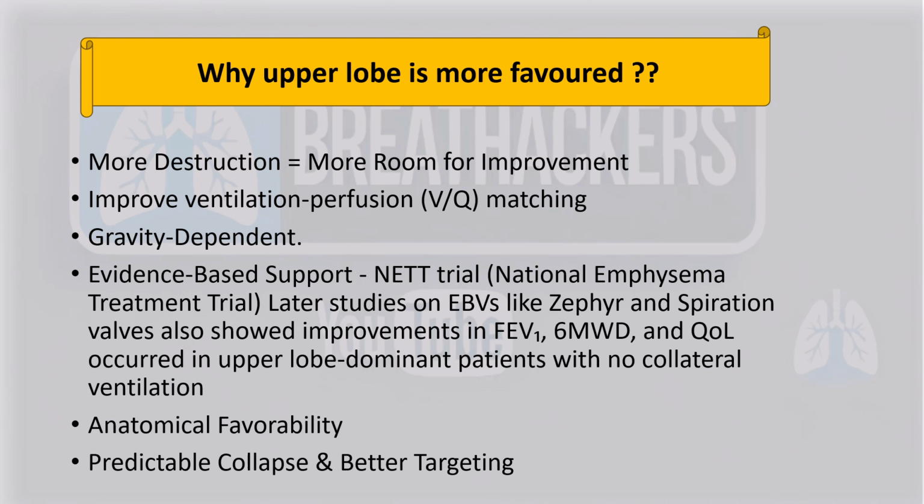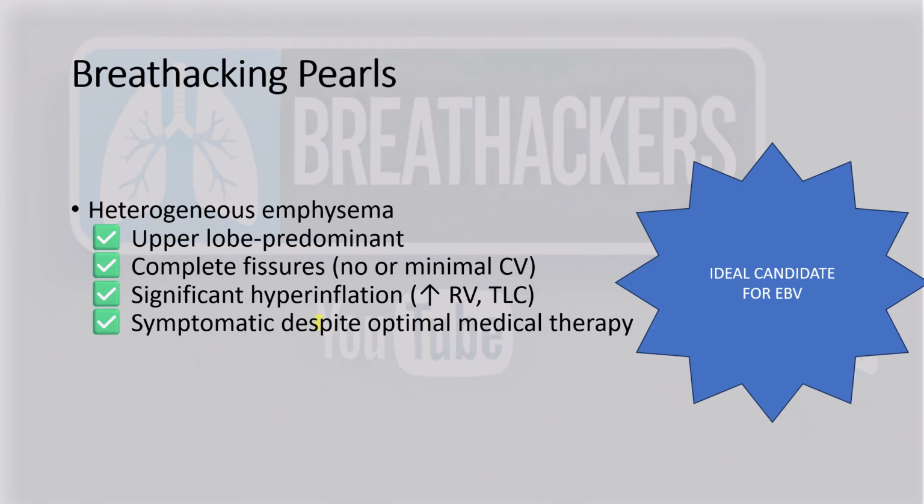And last is predictable collapse and better targeting. Upper lobes tend to collapse more cleanly when they are blocked with the valves. So the results of Chartis are more reliable and the fissure completeness on HRCT is easier to interpret.